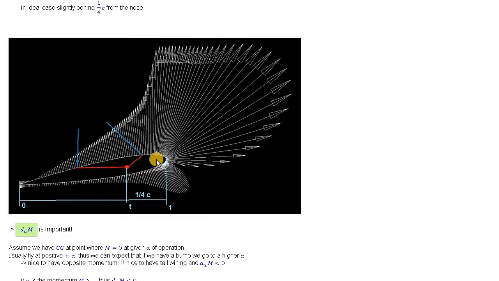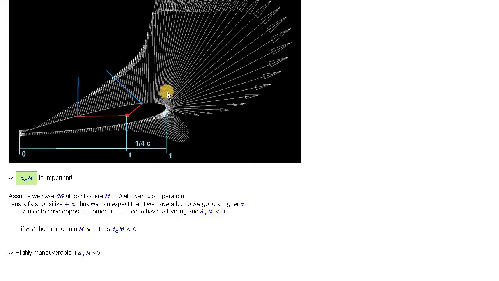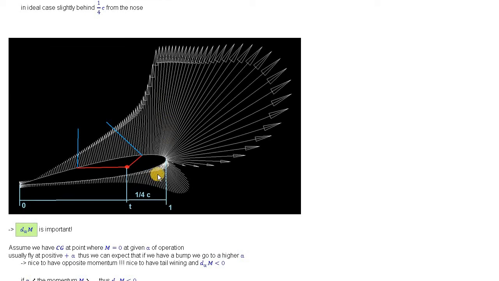Okay, but the stability can also be connected to the momentum. If you look at the airfoil, let's assume we have a plane flying at a certain angle of attack, usually a positive angle of attack. That means if you have some perturbation in the air, it's going to try to pitch up the airfoil or the wing, and it would be nice to use momentum to compensate for this effect.